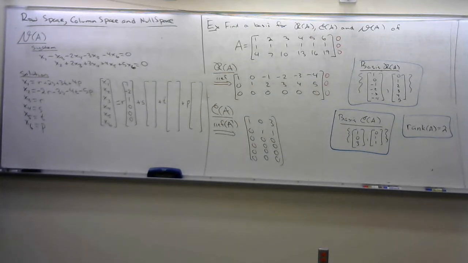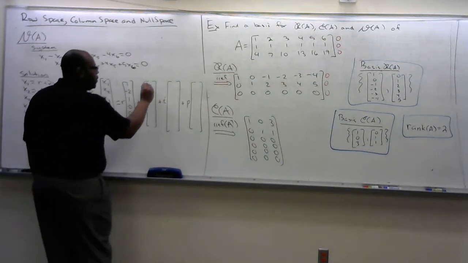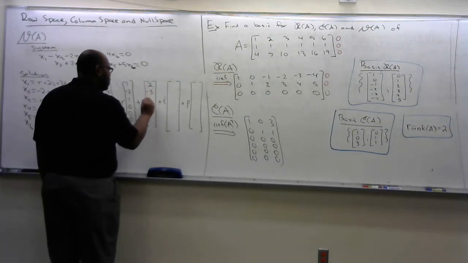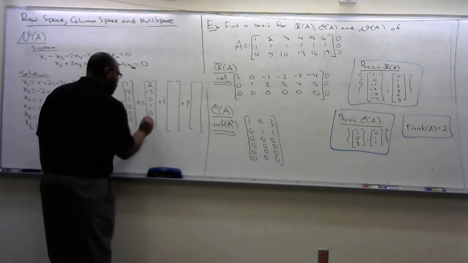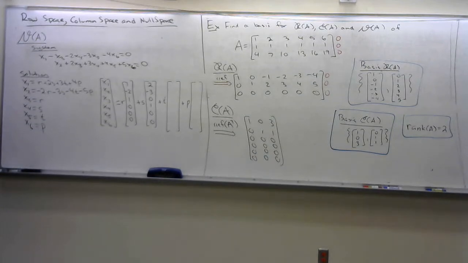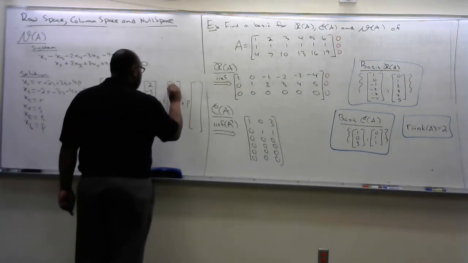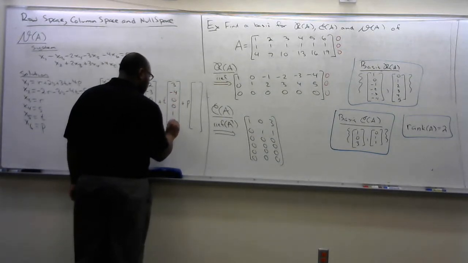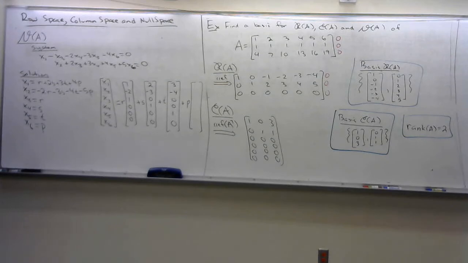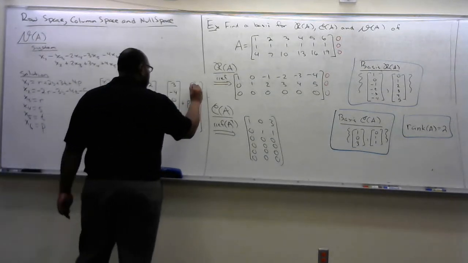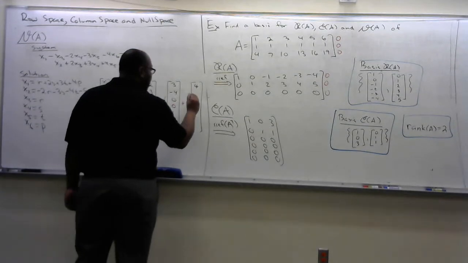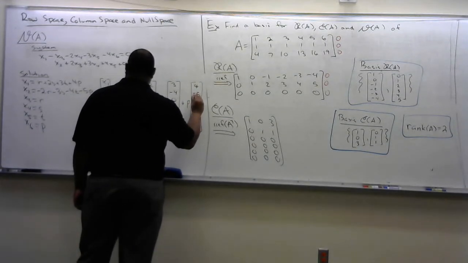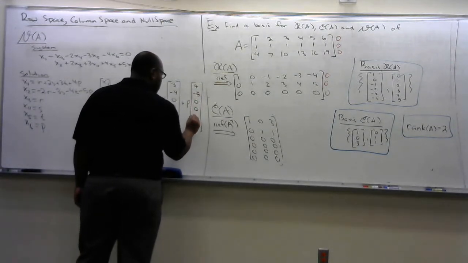For s, I get 2, negative 3, 0, 1, 0, 0. For t, I get 3, negative 4, 0, 0, 1, 0. And for p, I get 4, negative 5, 0, 0, 0, 1.